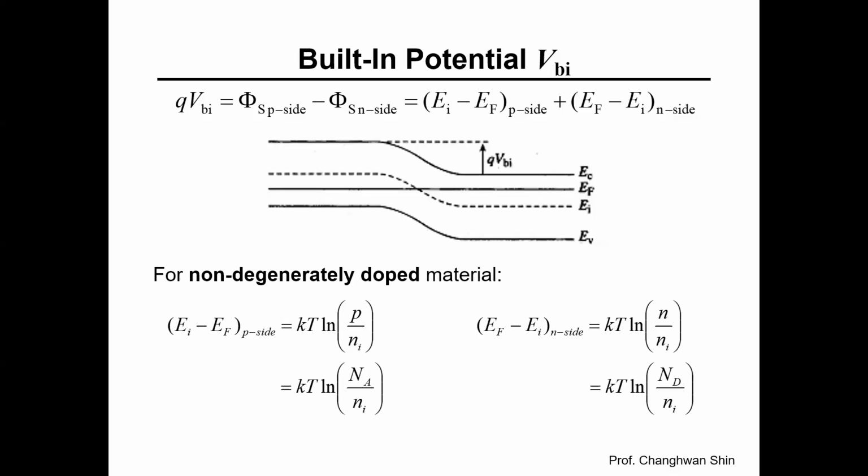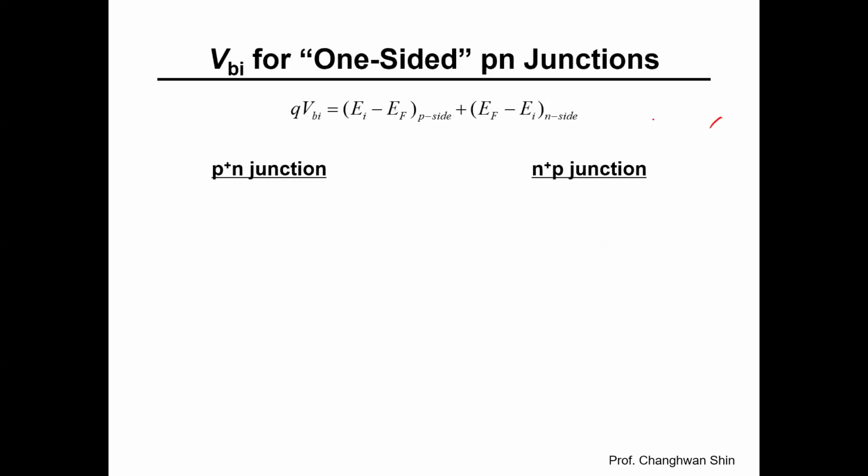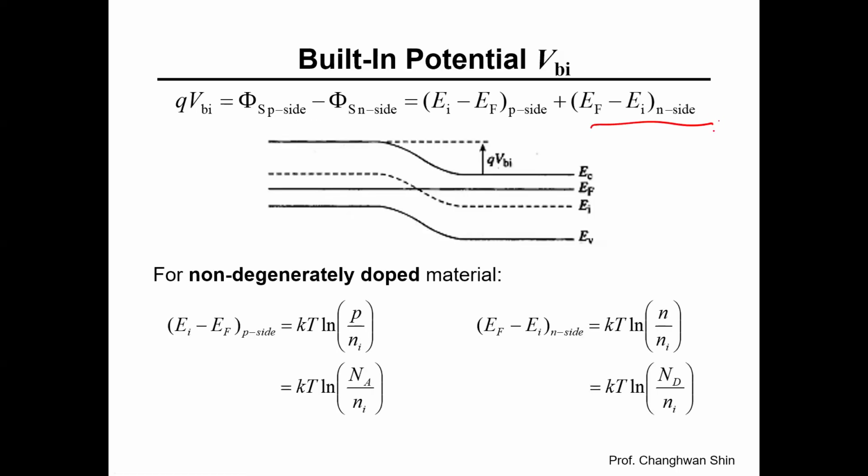As shown in the equation at the top of the slide, the built-in potential can be expressed as the difference in electrostatic potential between the P side and N side.